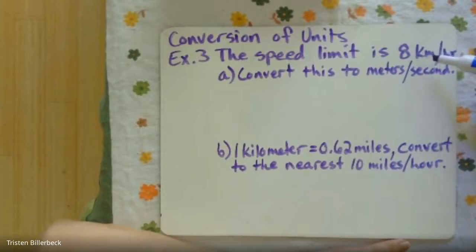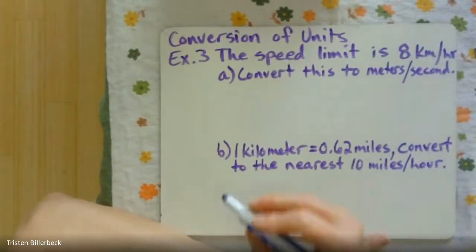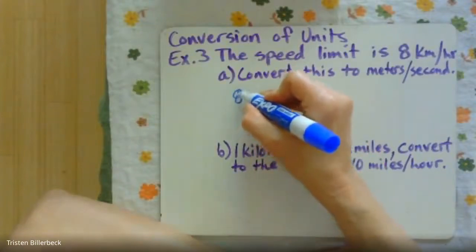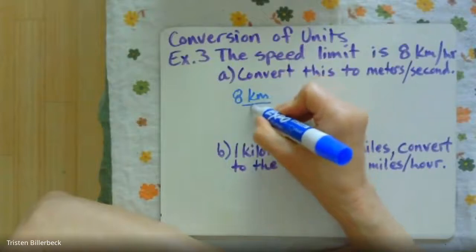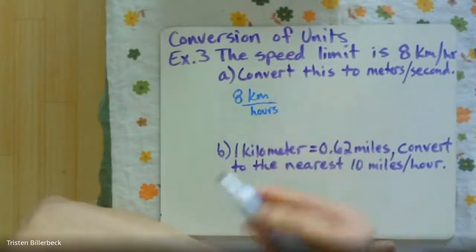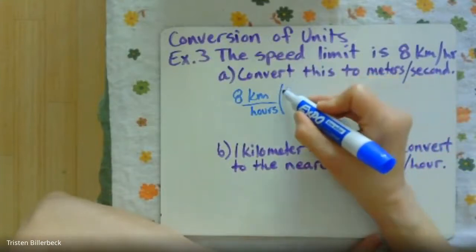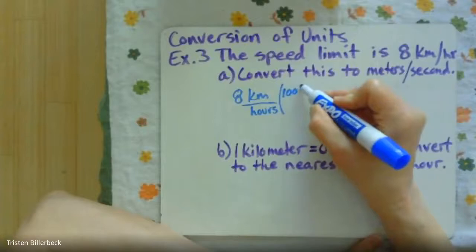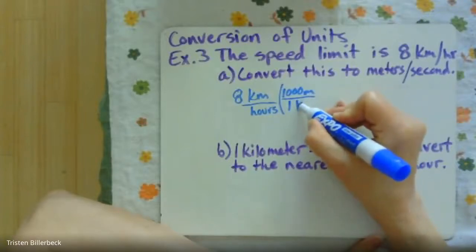It's just measured with different units. So we have 8 kilometers per hour, and we're converting it to meters per second. Okay, and we're converting to seconds. So first, there's 1,000 meters in 1 kilometer.